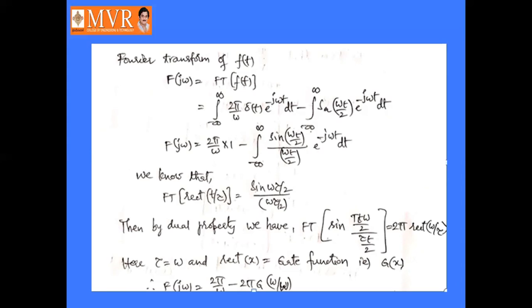Okay, so we know that the Fourier transform of the rectangular function of t by tau is equal to sin of omega tau by 2 by omega tau by 2.